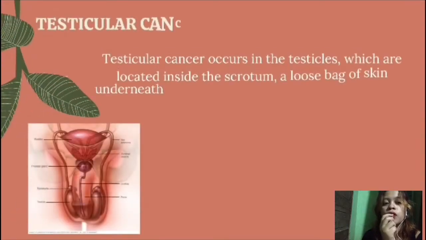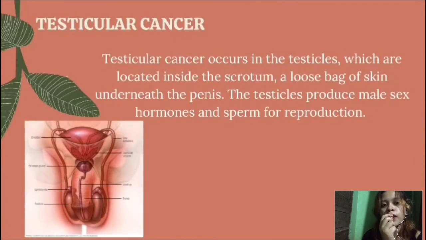So let's move on to testicular cancer. Testicular cancer occurs in the testicles, which are located inside the scrotum, a loose bag of skin underneath the penis. The testicles produce male sex hormones and sperm for reproduction.